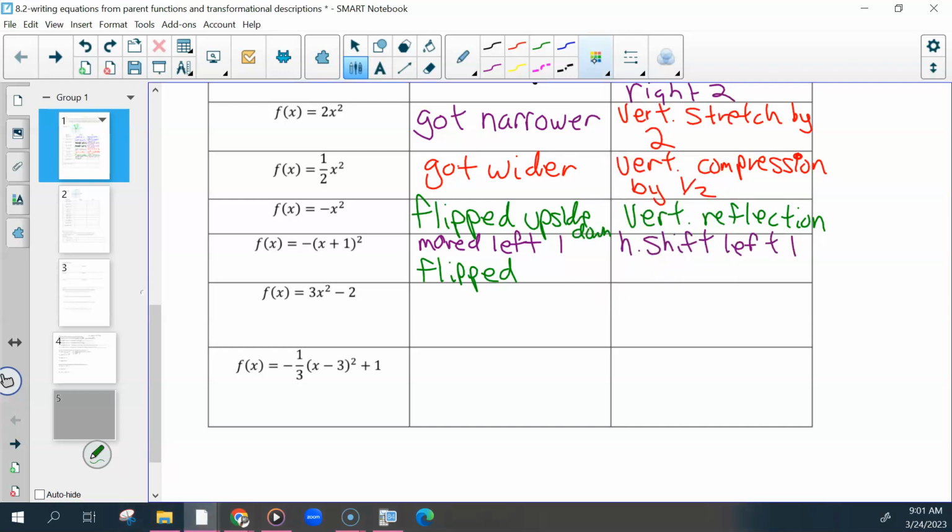And then what would the flipped be? What questions do we have so far?